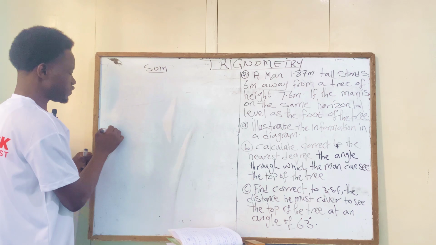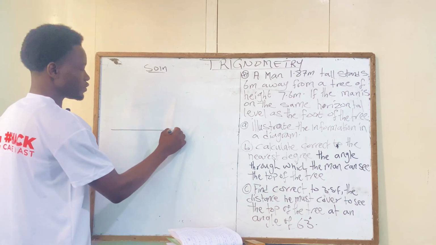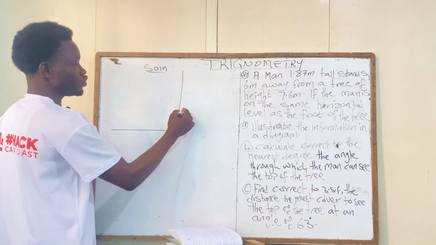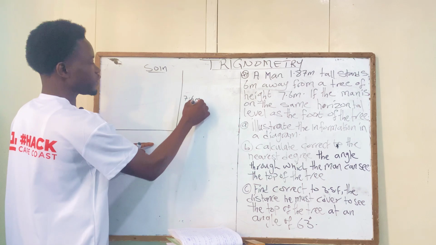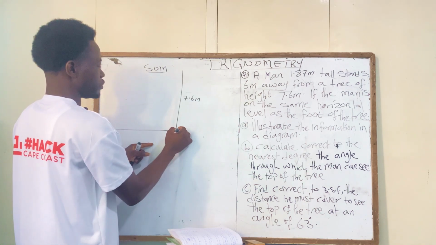So let's assume this is the horizontal ground and the height of the tree. The tree is 7.6 meters from the top to the bottom, the whole of this.